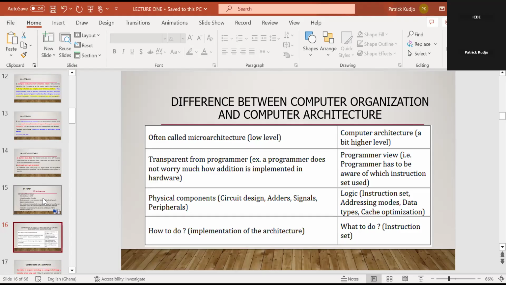Computer organization deals with physical components, circuit design, signals, peripherals. Computer architecture deals with logic, instruction set, addressing modes, data types, cache optimization. And these are topics that we'll be looking at.